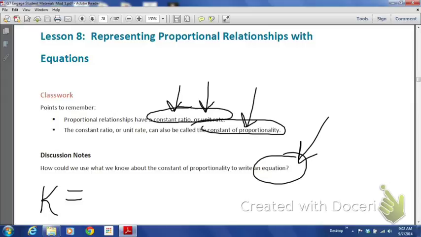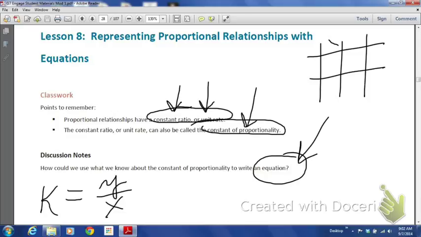Remember when we had our table drawn with x, y, and this column for finding the unit rate or constant of proportionality, it was y over x.